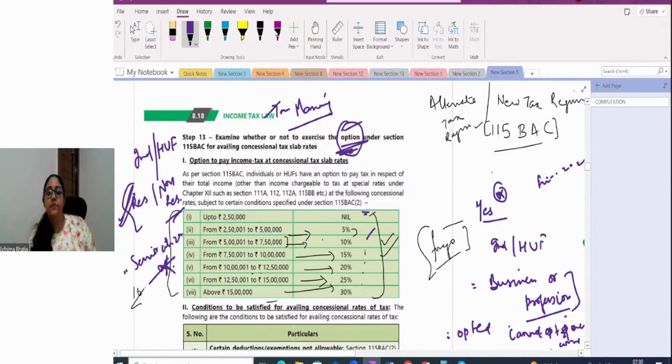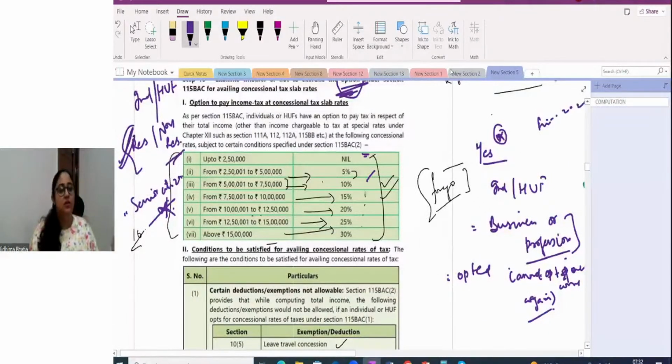I was specifically waiting for one question because I did not touch it. And Uday, thank you for asking it. No one asked me whether rebate would be allowed here and what would happen for surcharge. I said that you have to compare the normal tax regime tax, including rebate and surcharge, with this tax.